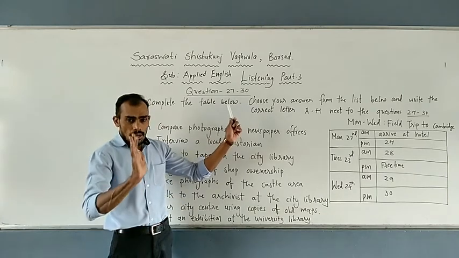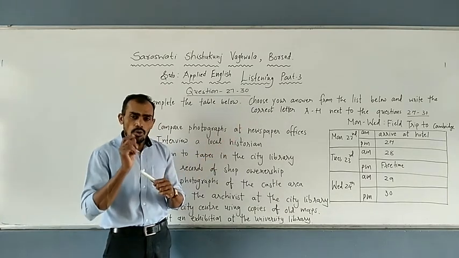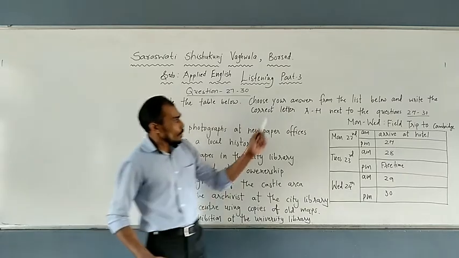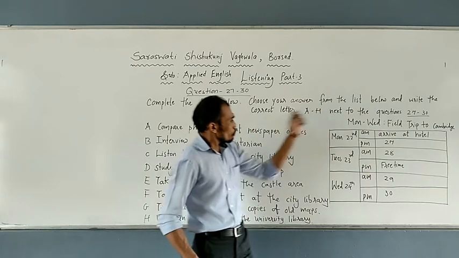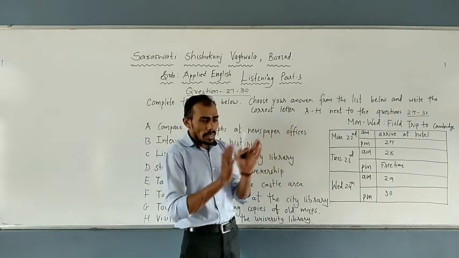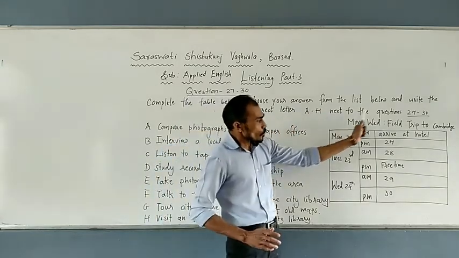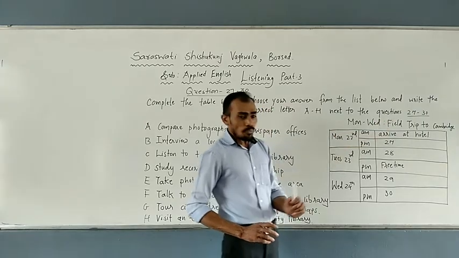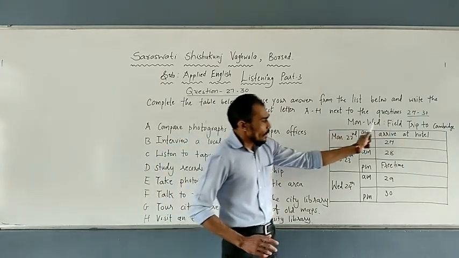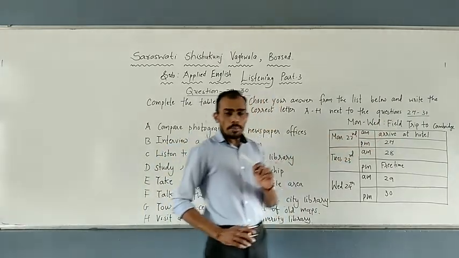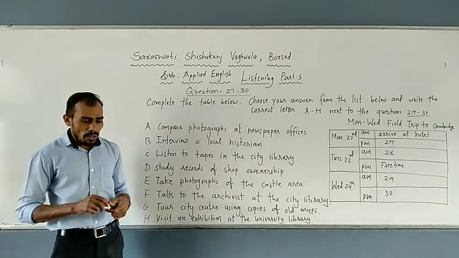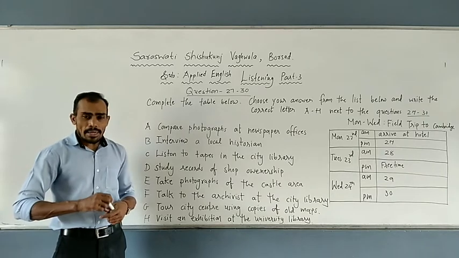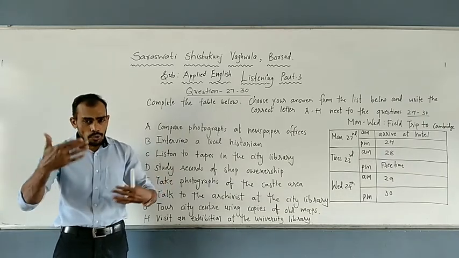Before that, as I said, instructions we always need to understand. Choose your answer from the list below and write the correct letter A to H next to questions 27 to 30. Monday, Wednesday, field trip to Cambridge. Now students, if you have done listening very attentively, you can come to know that they are talking about the field trip to Cambridge.